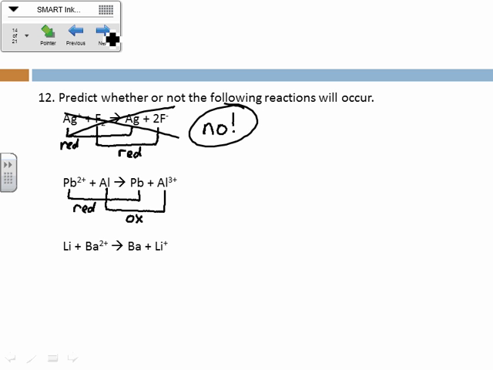In order for this reaction to occur, the Pb2 plus to Pb would have to be above the aluminum on the reduction potential chart, and it is well above aluminum. So this one will occur, so we can put yes, or we can put spontaneous in forward direction.